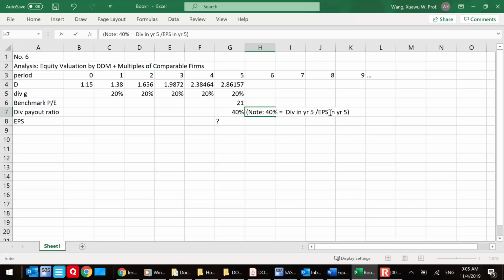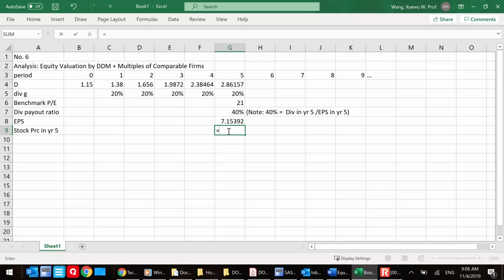Earnings per share in year 5 we don't know, but we have this equation, so we can solve for it. Earnings per share in year 5 is the dividend in year 5 divided by the dividend payout ratio. That gives us $7.15 earnings per share. So let's look at the stock price in year 5.